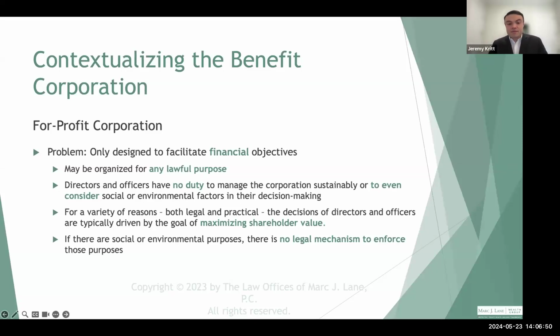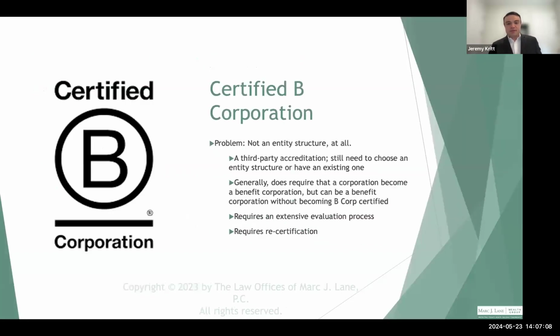And for a variety of reasons, which we will get into, the decisions of directors and officers are typically driven by the goal of maximizing shareholder value. Now, even if there are social or environmental purposes, there's really no legal mechanism to enforce those purposes.